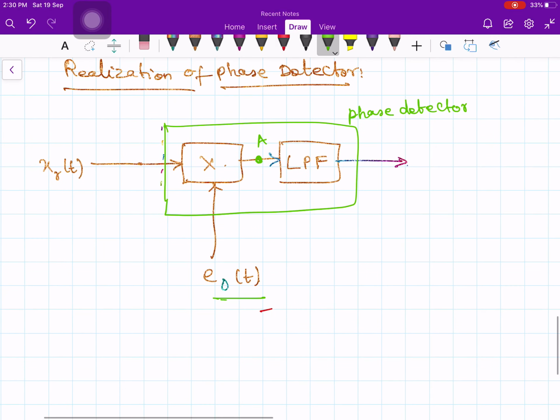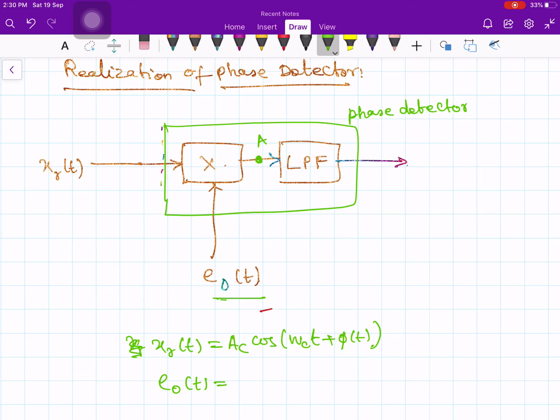Why? Your x suffix r of t is equal to A suffix c times cos of omega ct plus phi of t, and your e suffix o of t is equal to A suffix v sine of omega ct plus theta of t.